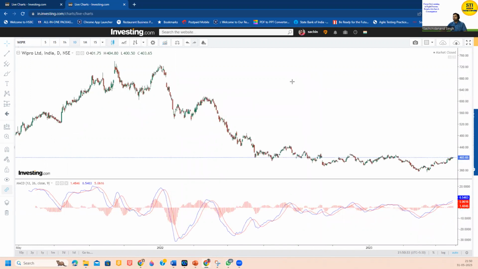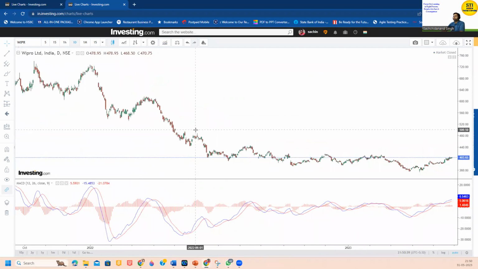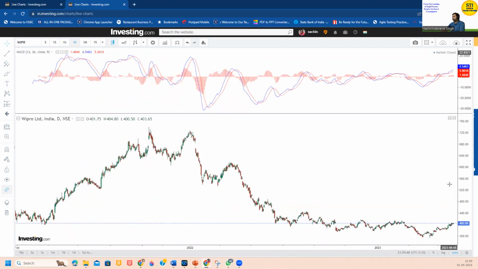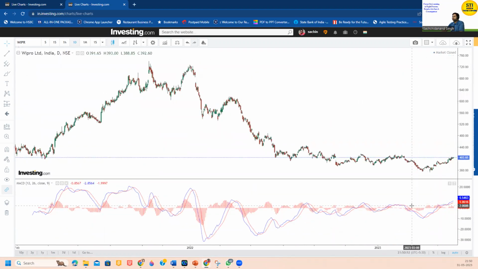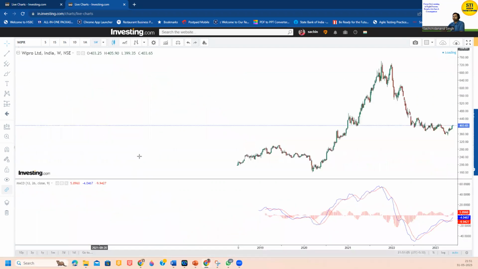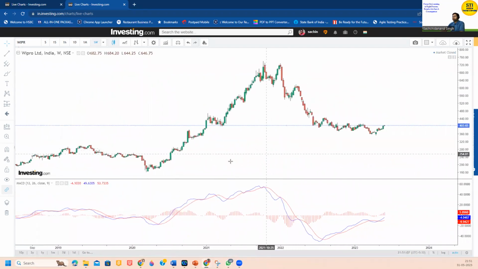The indicator will be added below the pricing chart, and it is up to you if you prefer to keep it on top; you can do that with this toggle arrow. Typically, I prefer it down. No matter what time frame you select, I have selected daily, for example, if I keep it at the weekly time frame, my MACD will also display in the weekly form.